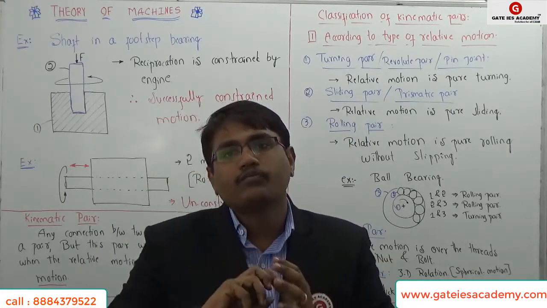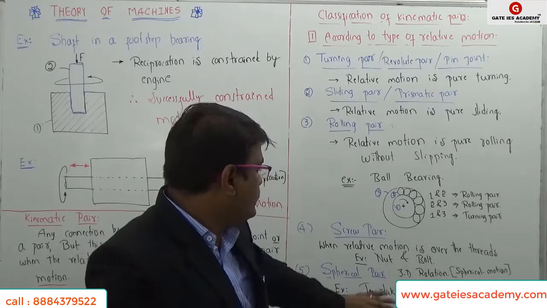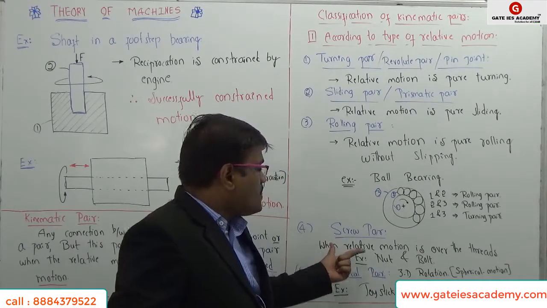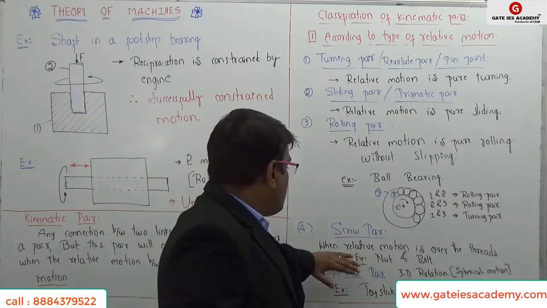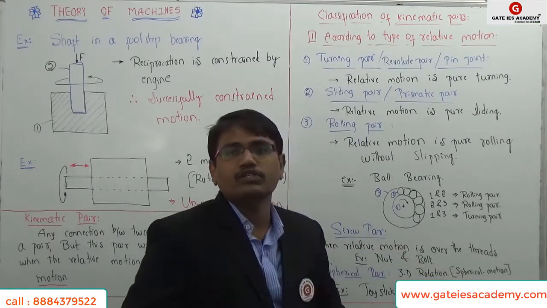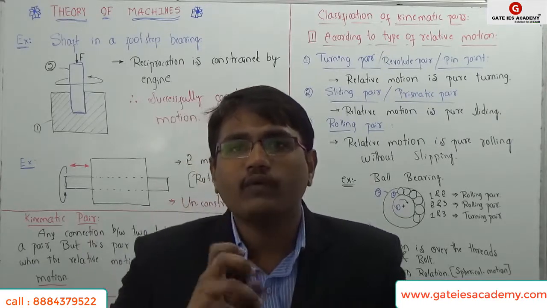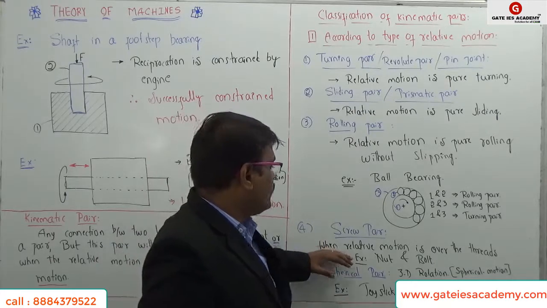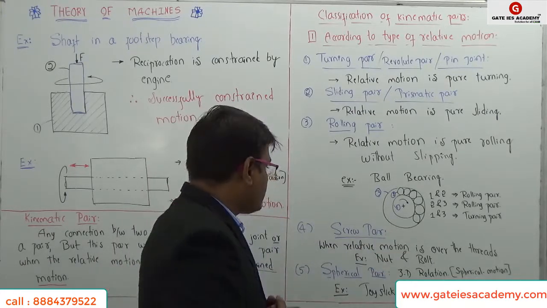The nut is turning over the bolt, so the bolt and nut combination is known as a screw pair, because one is turning over the threads of the other, right? When the relative motion is over the thread, it is known as a screw pair.